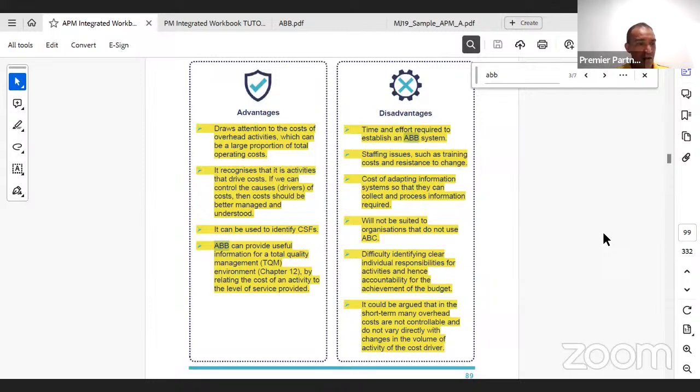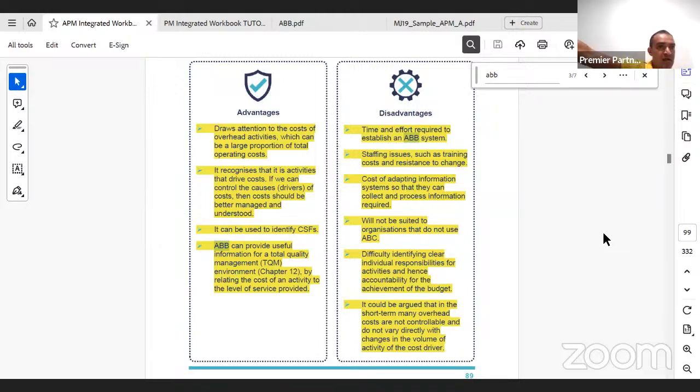Then we move to strategic ABM. Strategic ABM will tell you, okay, our overhead for product X, Y is too much, so it is making a loss. We make a decision to discontinue that product. That is a strategic decision.